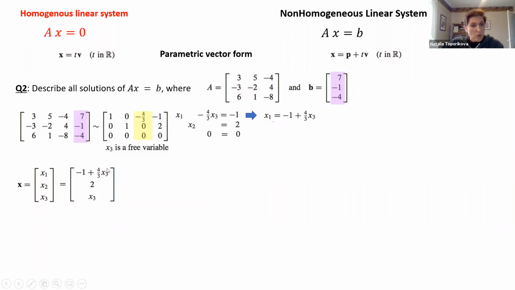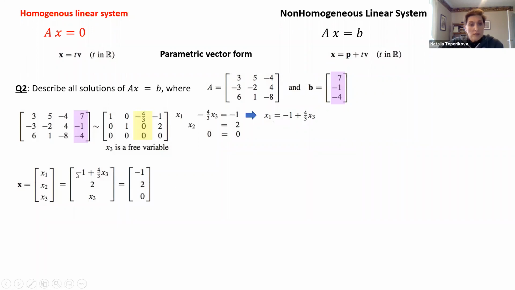Here we cannot quite factor out x3 because it has this free term -1 in the first row and 2 in the second row. So we need to do some extra work. What if we take this vector and separate it into two? One of them will contain free terms like -1 and 2, and another one will have the x3 terms. Okay, so let's do that.